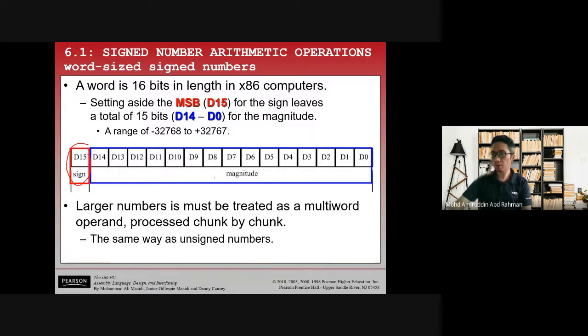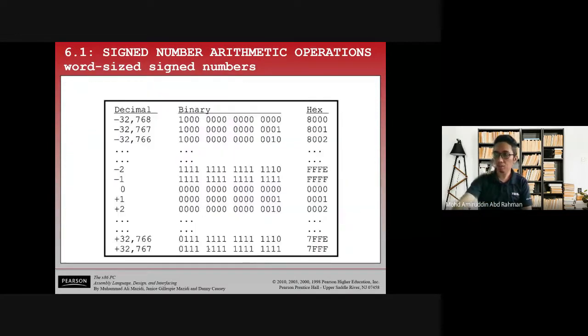For larger numbers, it must be treated as a multi-word operand and processed chunk by chunk, the same way as unsigned numbers.